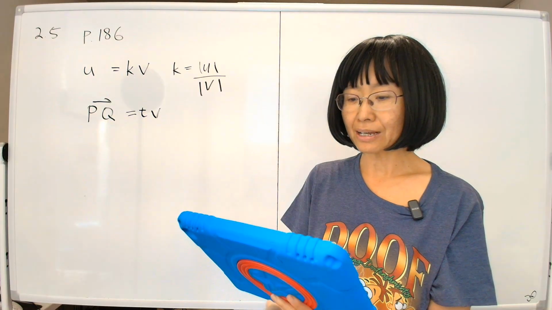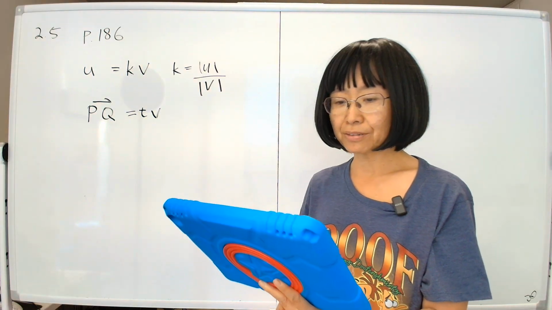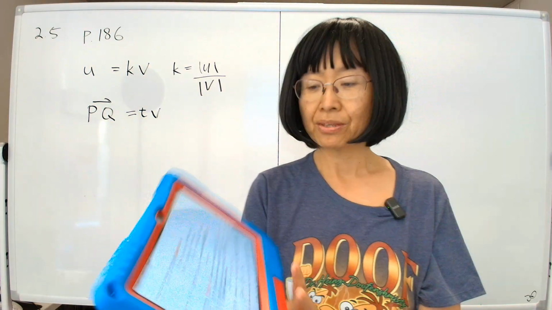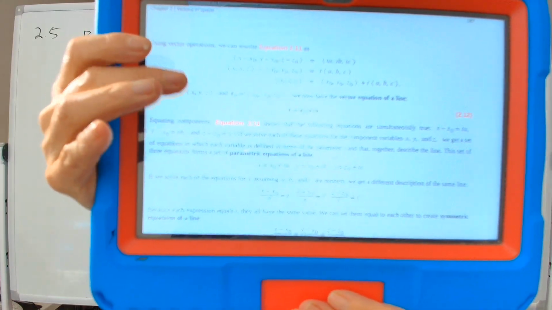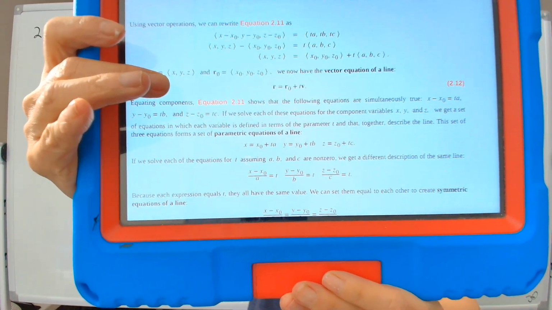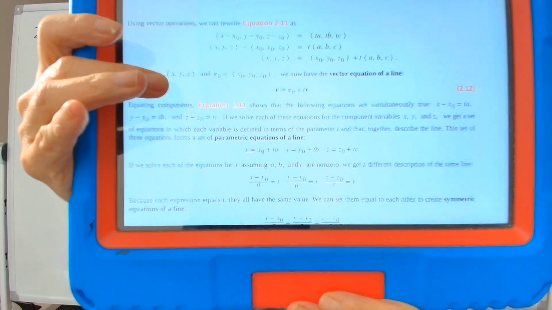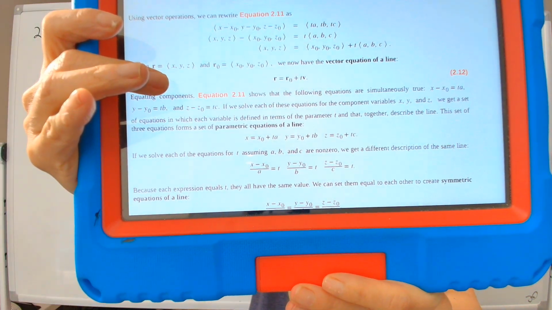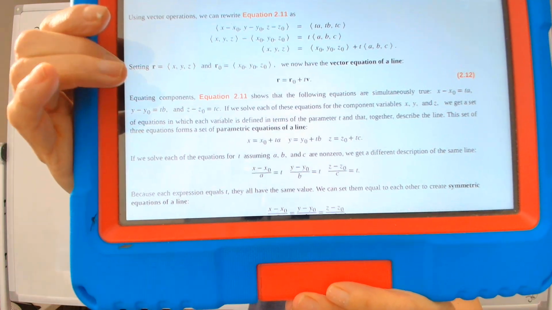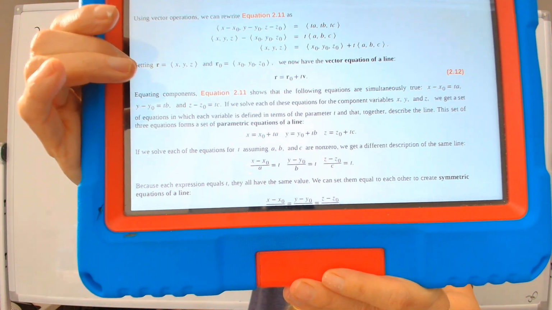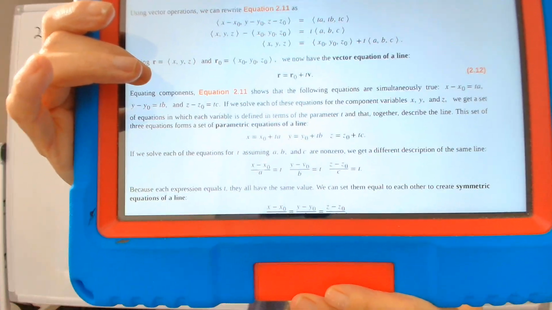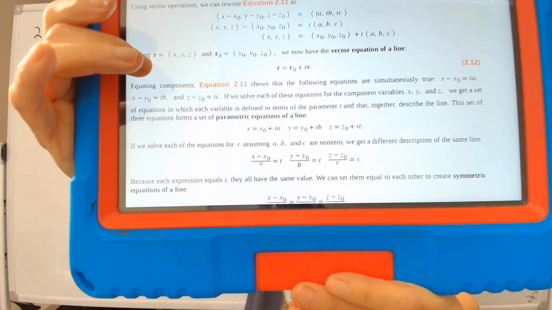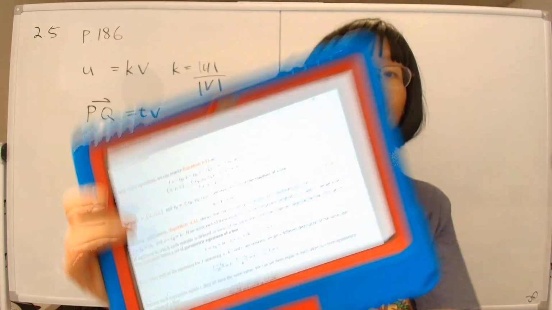Now, if you go a little farther, we have the vector equation of the line: R, any point xyz on the line, is equal to R0, which is some initial point we pick, it doesn't matter where it is, plus tV, where V is the parallel vector.